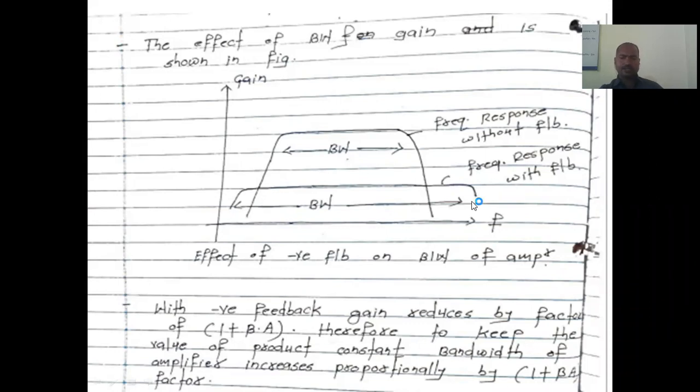Then, when we apply feedback, where feedback indicates that some part of the output is again applied to the input, your response is such that, when we have used the feedback, the gain reduces.